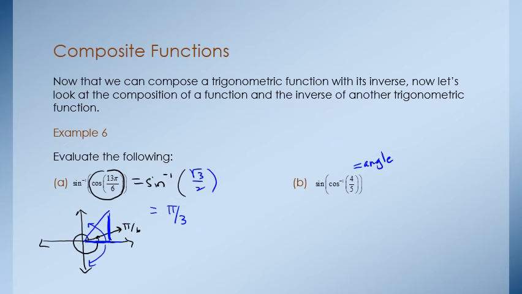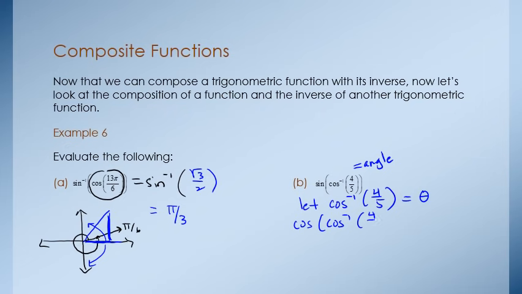And 4/5 is not an output that's familiar to me. So I'm going to try a different technique on this one. Let's let cosine inverse of 4/5 equal some angle, and I'm going to call that angle theta.